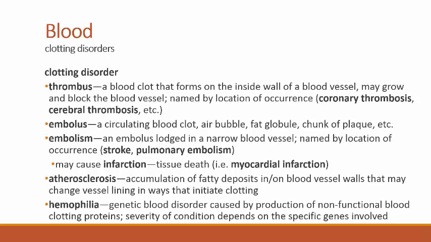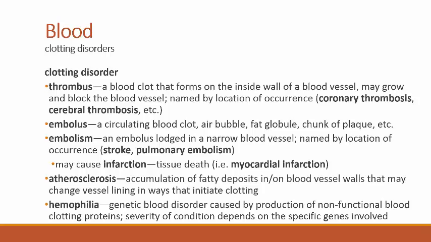So coronary thrombosis would be, what do you think? Hopefully you thought of one of the blood vessels that serves the heart. Cerebral thrombosis would be, yes, in the brain. Pulmonary thrombosis, yep, in the lungs. You got it. Okay, so those are the kinds of thromboses.